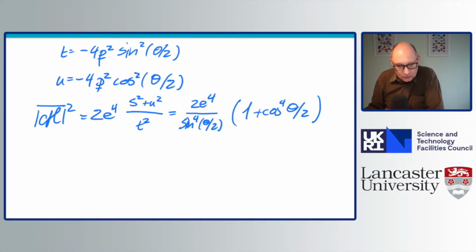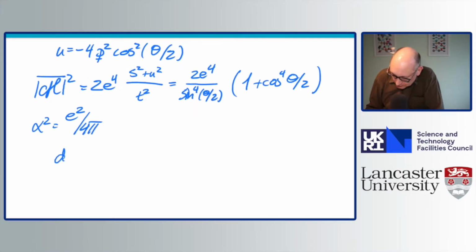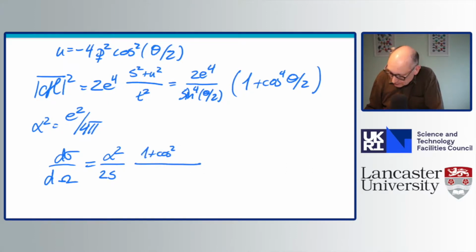And using the conventional notation that alpha squared is e squared divided by 4 pi, one obtains the differential cross section with respect to the angle, equal to alpha squared over 2s, (1 plus cos^4 theta halves) over sine^4 theta halves.